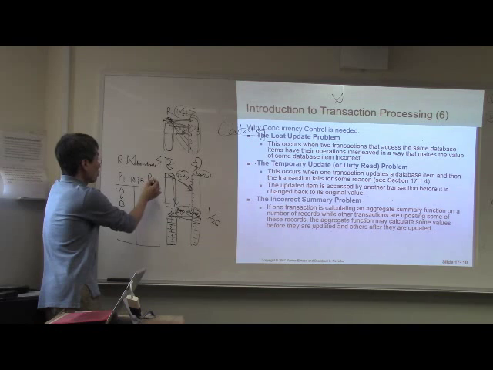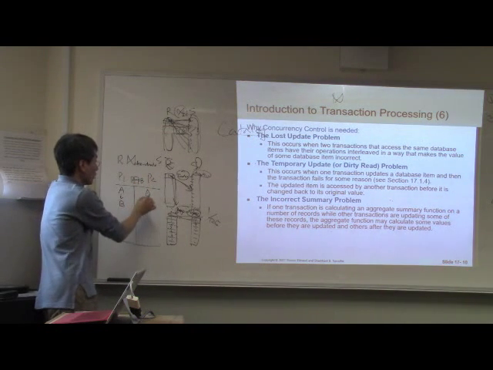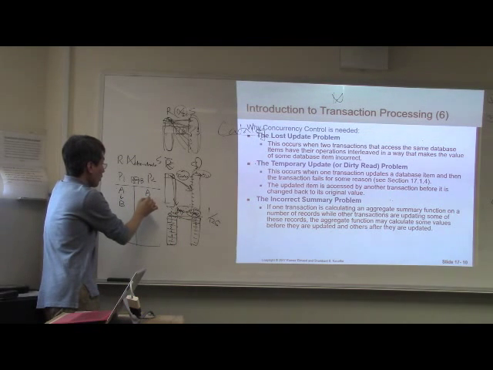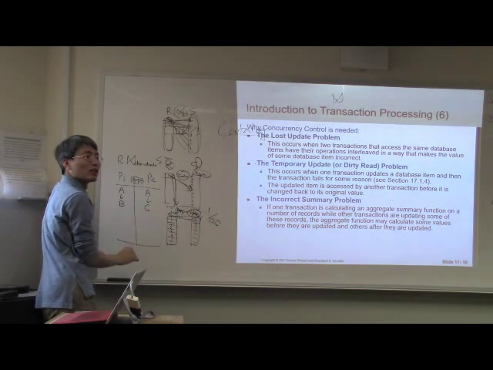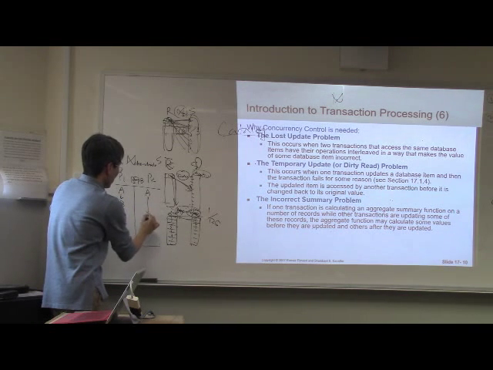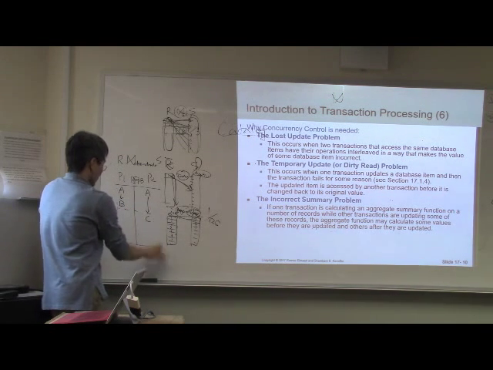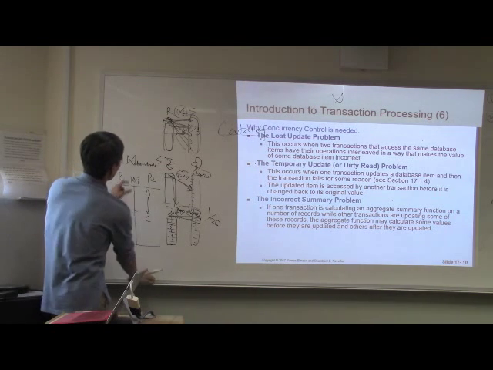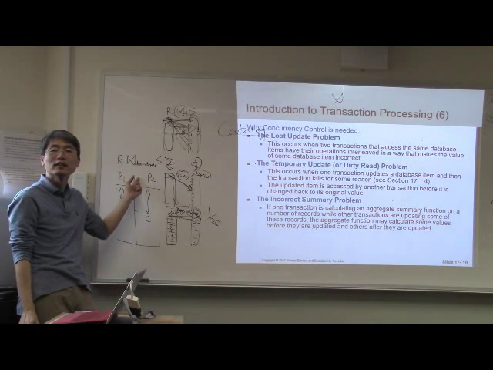But process 2 reads the data A, almost the same time before the update. Then this one updates to C. Okay? Update, this time C. What is the final value of A?